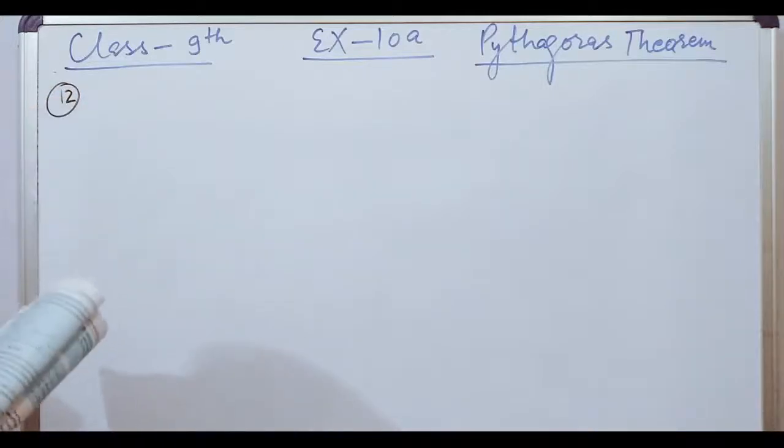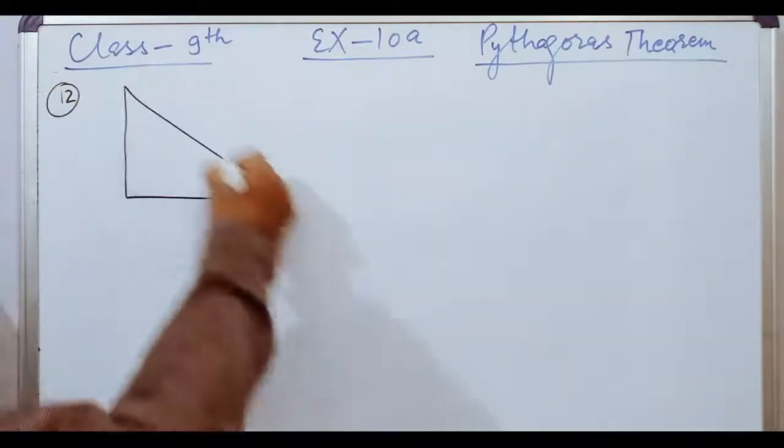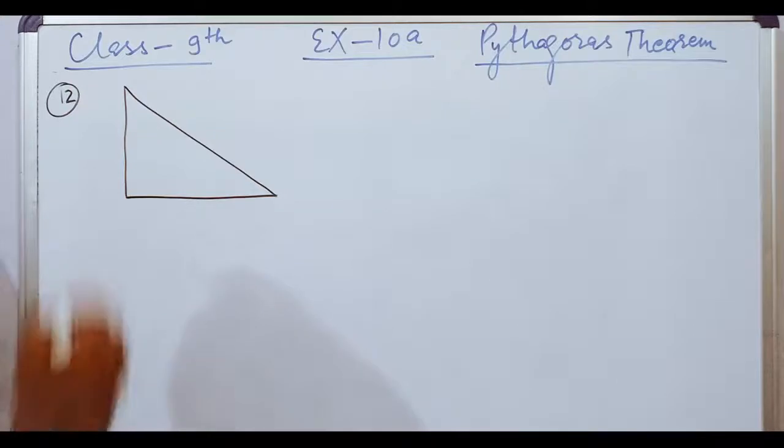The sides of right angle triangle containing right angle are 5x and 3x minus 1. If the area of triangle be 60 centimeter square, calculate the lengths of sides of triangle.